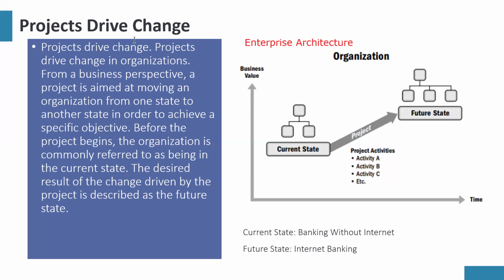But there's something interesting about enterprise architecture. Probably the only thing I remember about it is this. We talk about an enterprise continuum. So what is the enterprise continuum? It simply states that every organization is in a constant state of change.